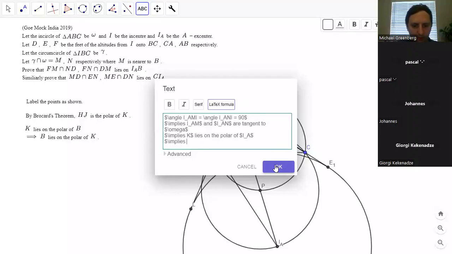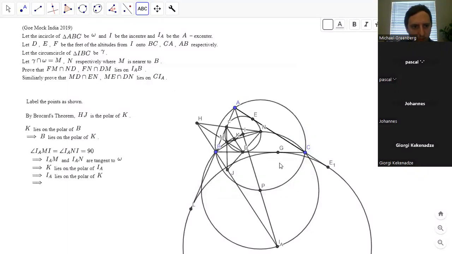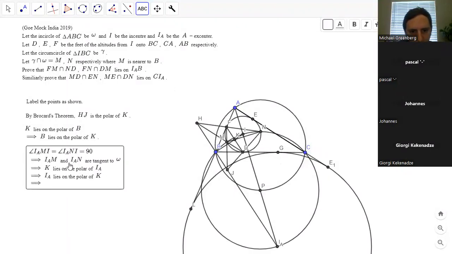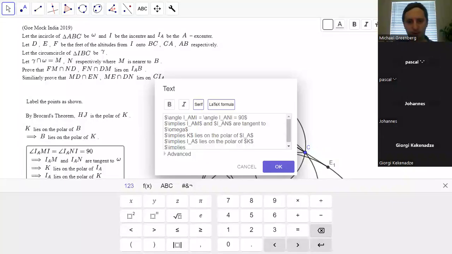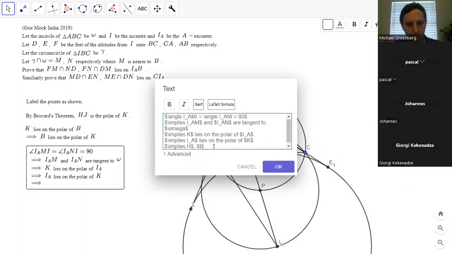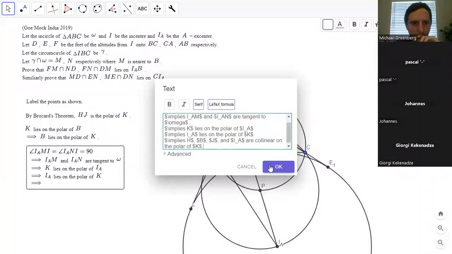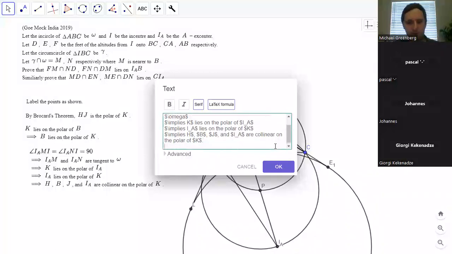And that means that IA lies on the polar of K. And that means that K, H, B, J, and IA are collinear on the polar of K, which solves the problem. And similarly for the other part.